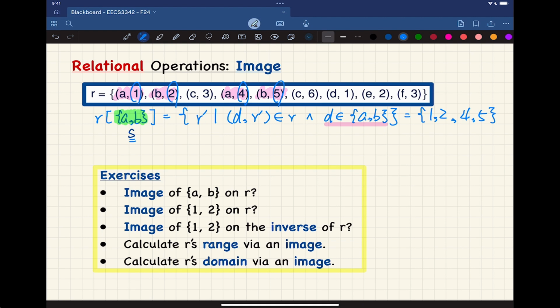Intuitively, when you're given this, just go to the relation you're given and select all the pairs where the first element is a member of the set. And then instead of choosing the whole pair, you're just choosing the second value. Make it a set. Subrange, right? Just don't forget the term. It's a subrange. So this is actually a subset of the range of R. Subrange. Okay?